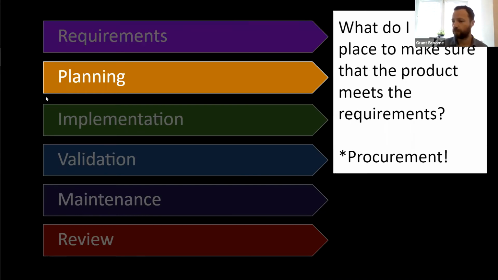Planning, now you need to ask what you need to do to make sure that the product meets the requirements. That is, what people do you need, what software do you need, and things like this. Also planning, this is where you plan in your accessibility testing. So you'd say, we need some automated testing at this stage. This is where we're going to look at some third-party testing.